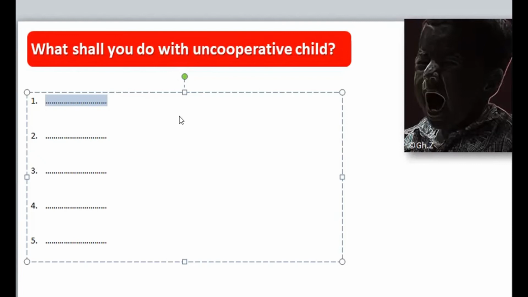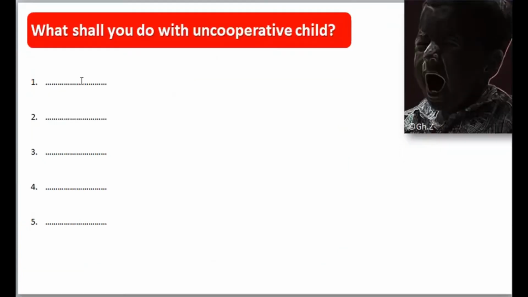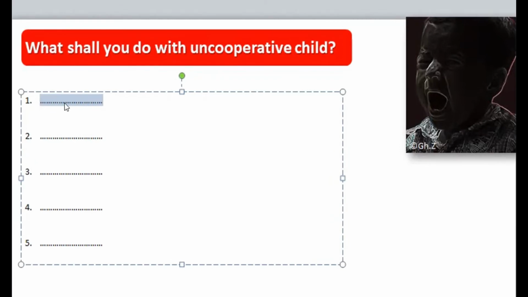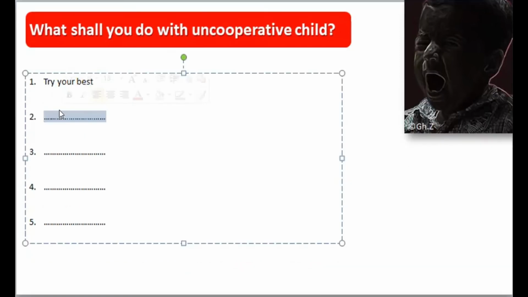Give sweets. Yes, okay. So giving sweets is a must in every pediatric clinic. So this is like a basic requirement. So here I will write down for you. Try your best. So you have to be patient, and every pediatric ophthalmologist should be patient.